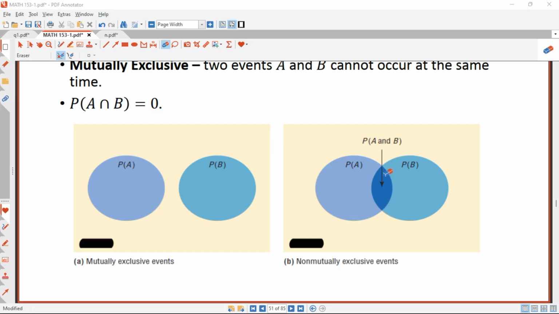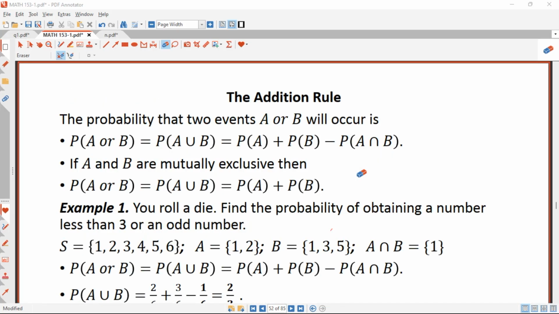The probability of A intersects with the probability of B, so here they are not mutually exclusive events. So mutually exclusive events are events that cannot occur at the same time.